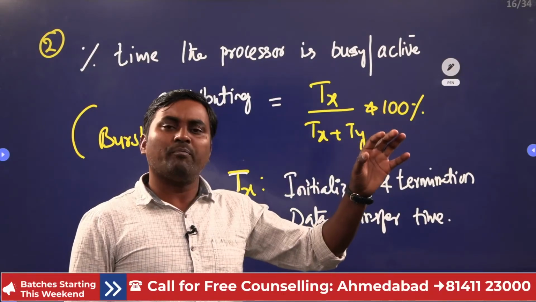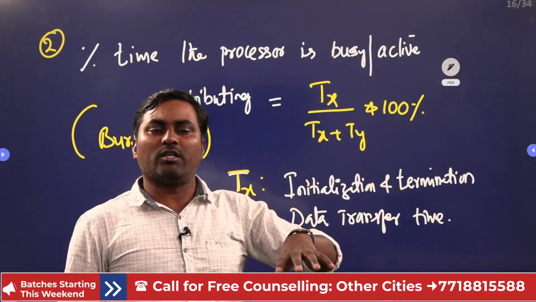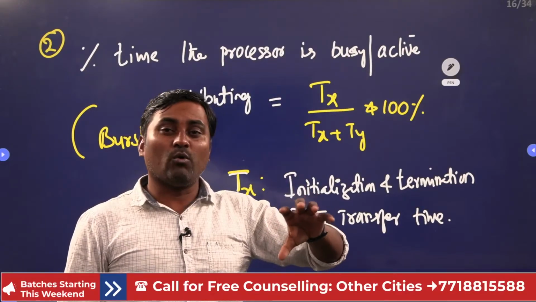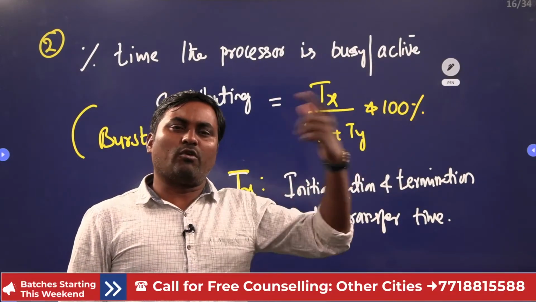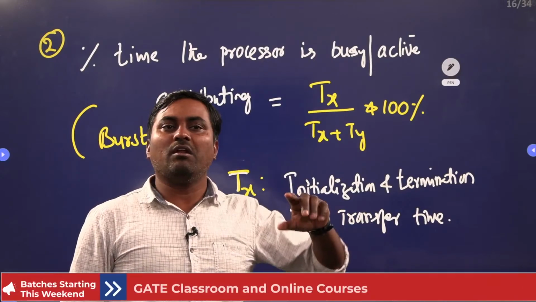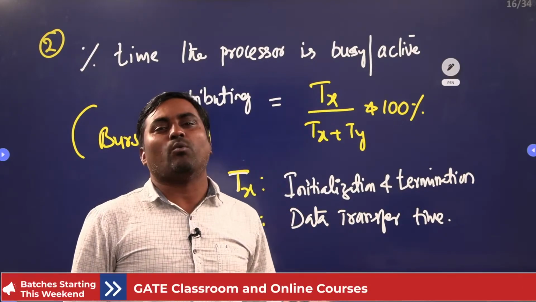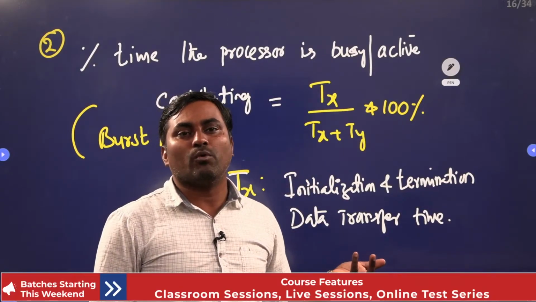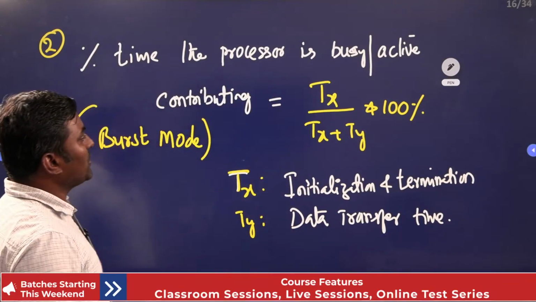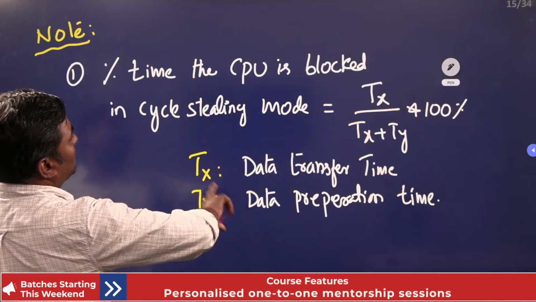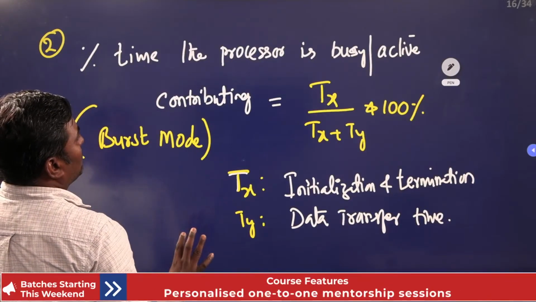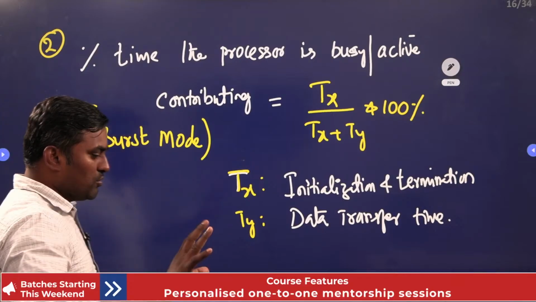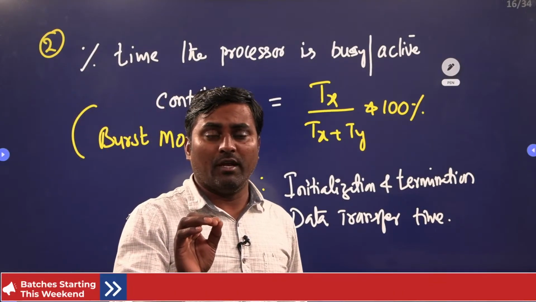You transfer, increment the address register, decrement the data count register, and transfer again. You repeat these steps continuously until the data count register becomes 0. This is burst mode. These important formulas need to be understood, as I am going to use them in problem solving now.